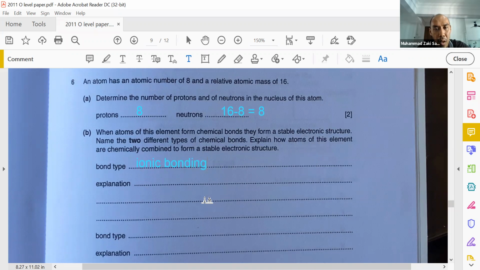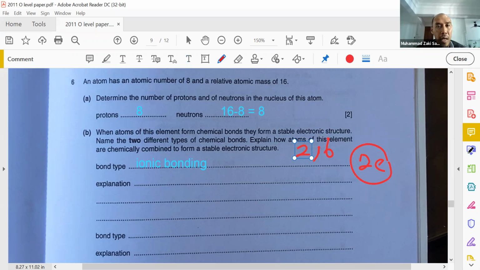So how does oxygen combine in ionic bonding to form a stable electronic structure? Remember, oxygen is 2,6, which means you are short of 2 electrons more.